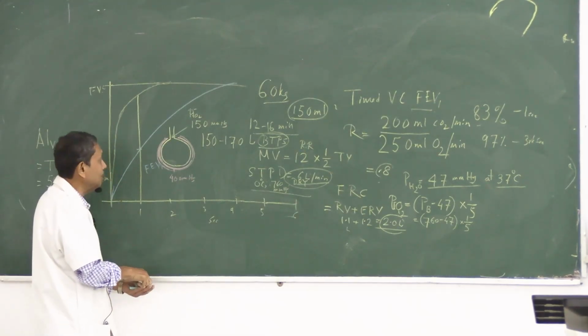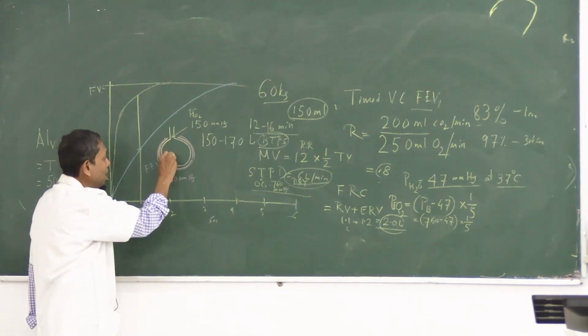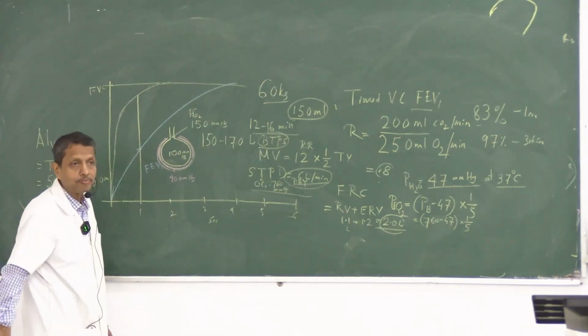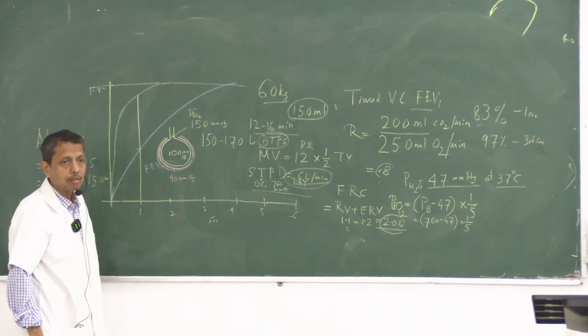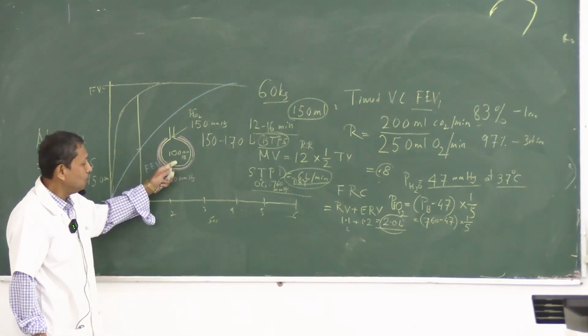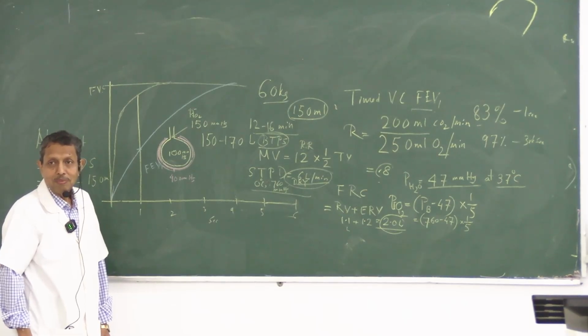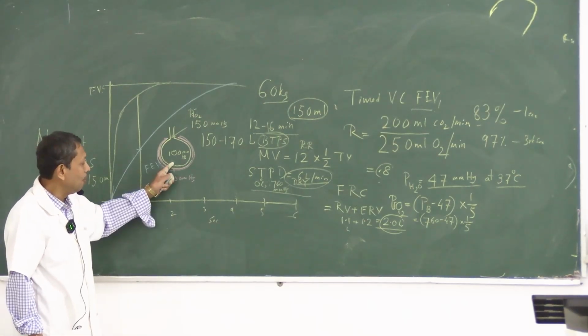And in between this, and that is the dynamic equilibrium, it is 100 millimeter of mercury. 100 millimeter in a normal individual. And it is due to dynamic equilibrium. So these are the alveolar gas.